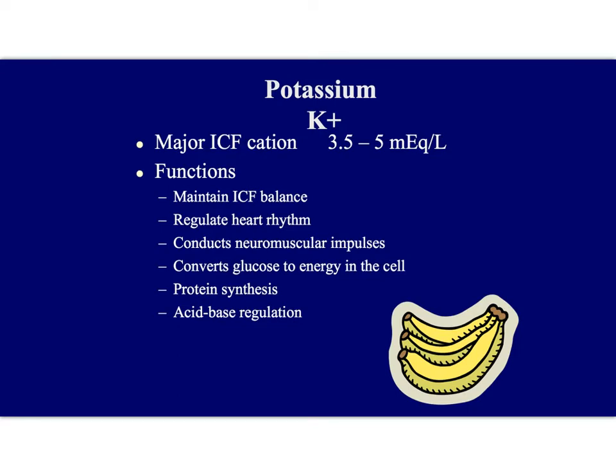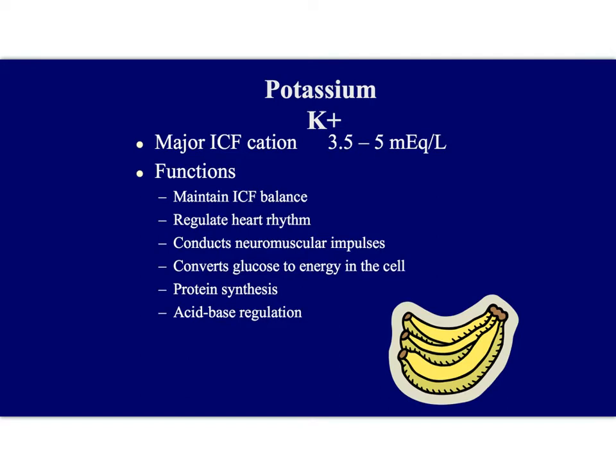All right, potassium. Potassium helps maintain balance. It regulates heart rhythm. It's very important for that. It helps in the neuromuscular system. It helps get glucose into the cell, and it helps with protein synthesis and acid-base regulation. Normal value is 3.5 to 5 milliequivalents per liter.